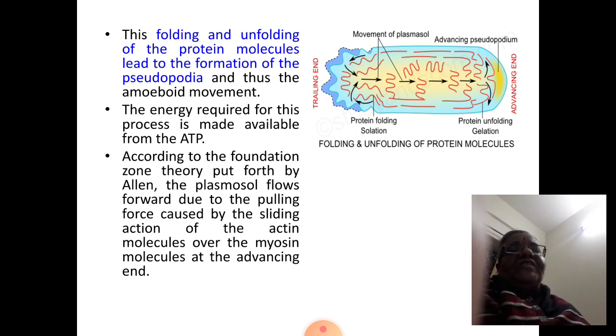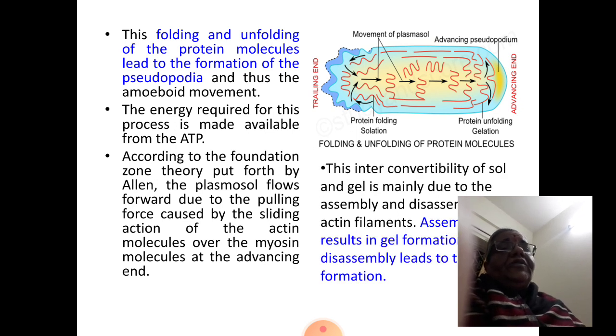Plasmosol flows forward due to the pulling force caused by the sliding action of actin molecules over the myosin molecules at the advancing end. But it is enough if you understand the interconversion of sol and gel. As additional information, you can know this.